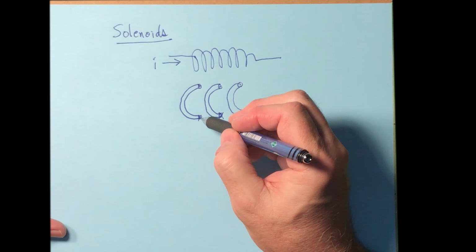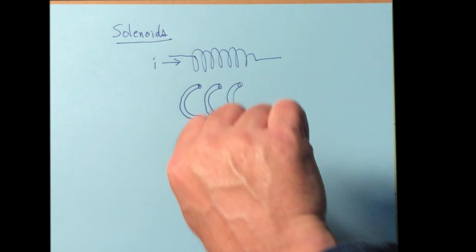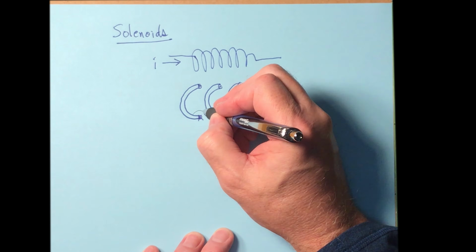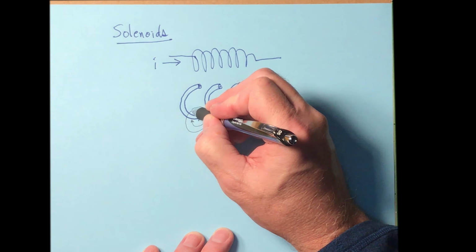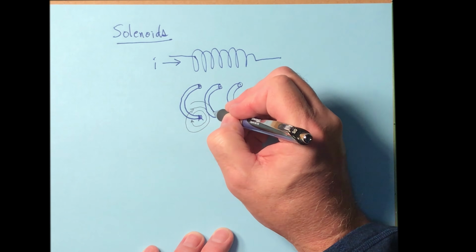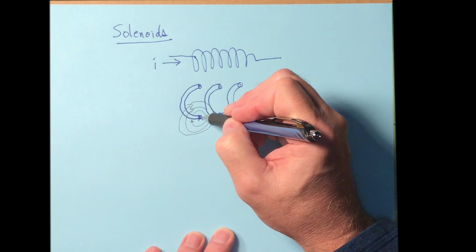Down here at the bottom, the current's going in, so if you grab the wire, that means the magnetic field lines are going around in that direction. They're going around like that, due to that bottom wire right there.